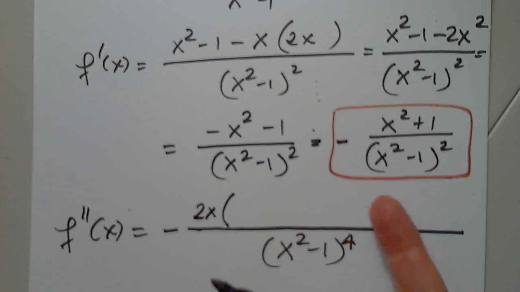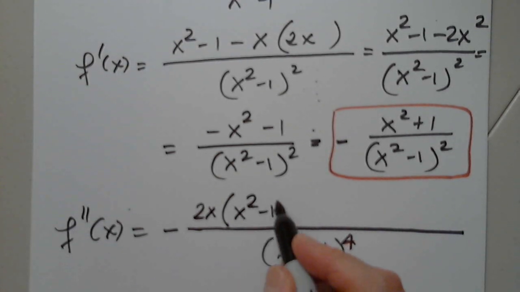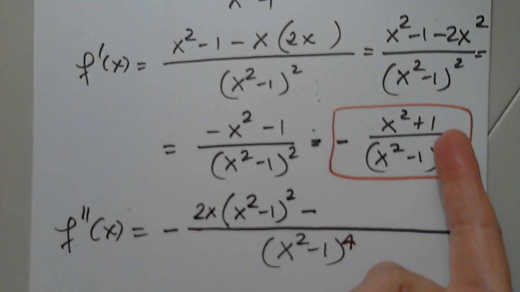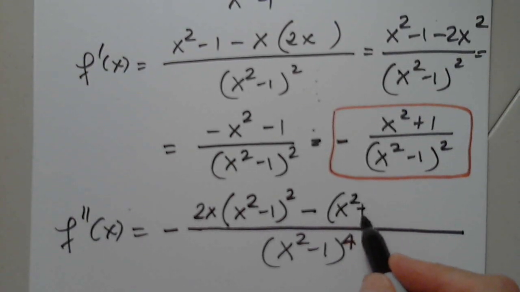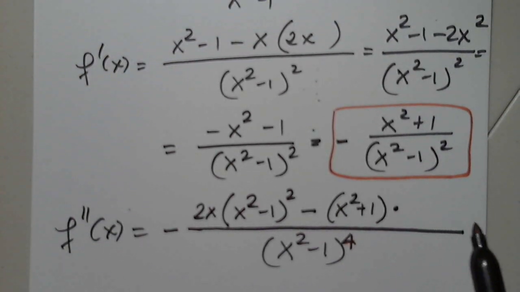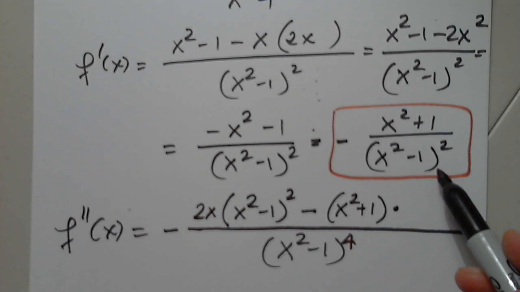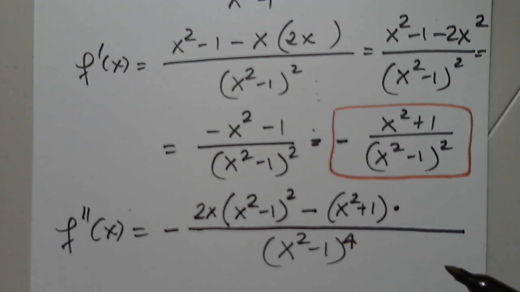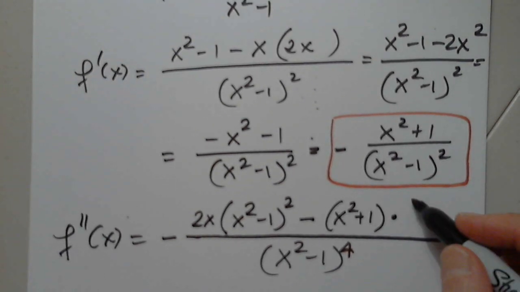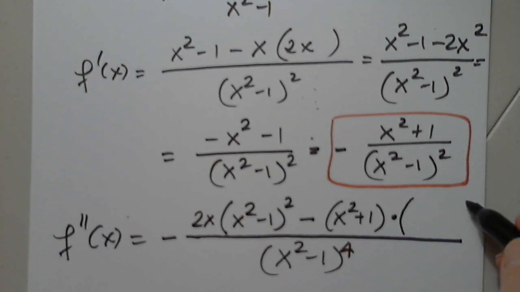Excellent. Times the denominator minus the numerator times the denominator prime. And the problem here is that we do not know how to do this yet.